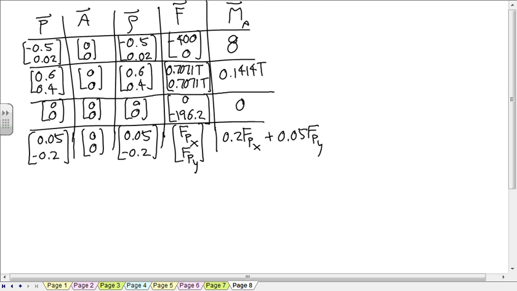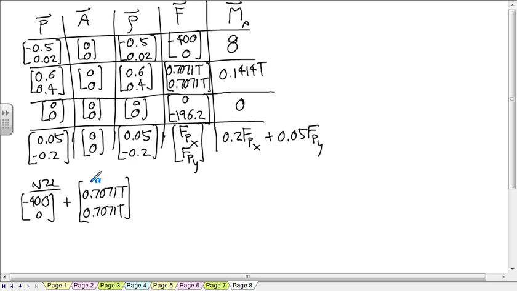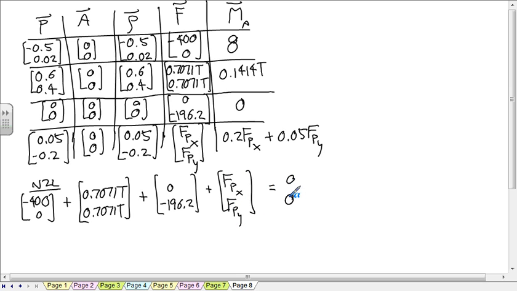Okay, so Newton's second law says negative 400, 0 plus 0.7071 T, 0.7071 T plus 0, negative 196.2 plus FPX, FPY is equal to zeros.